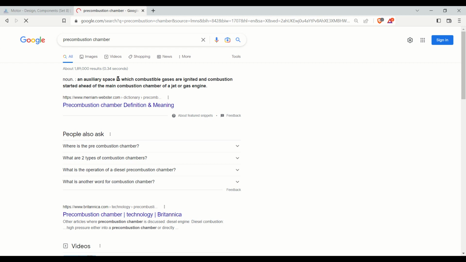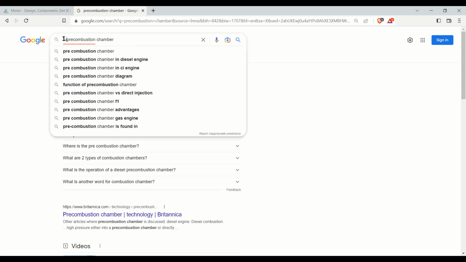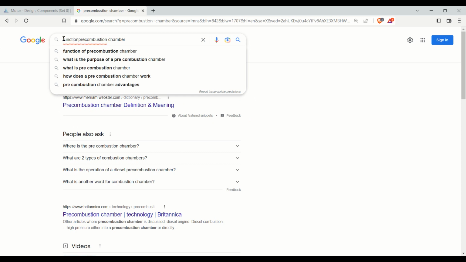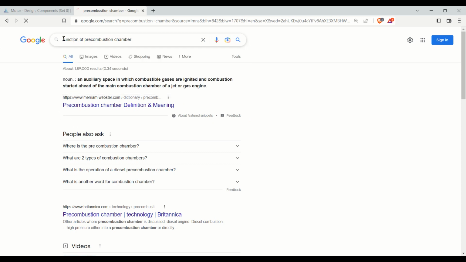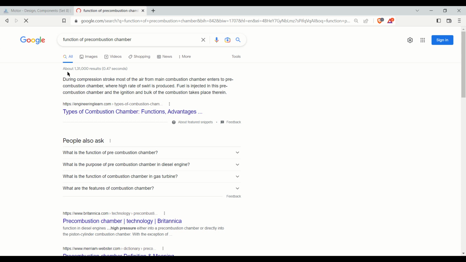An auxiliary space in which combustible gases are ignited and combustion started ahead of the main combustion chamber of a jet or gasoline engine. During compression stroke, most of the air from the main combustion chamber enters to pre-combustion chamber, where high rate of swirl is produced.